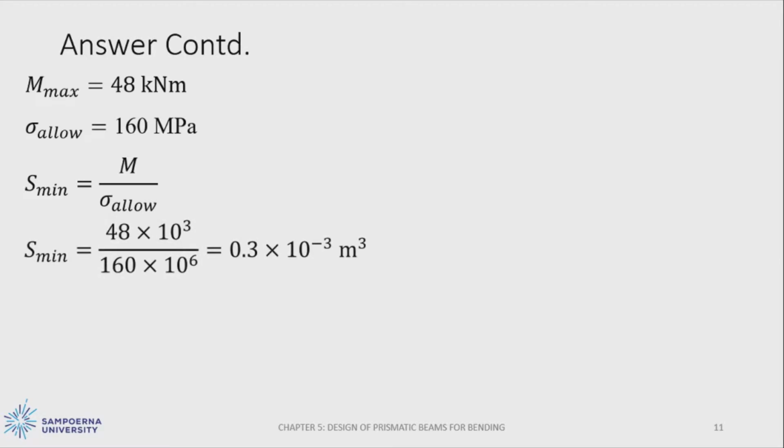By substituting the values, we will obtain that the minimum S is equal to 0.3 times 10 to the power minus 3 meter cube, or it is equal to 300 times 10 cube millimeter cube.